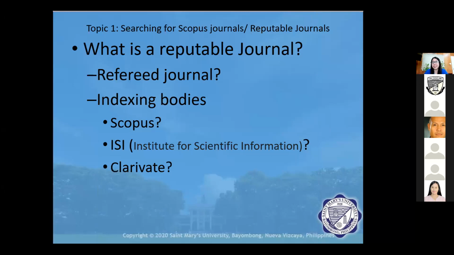Then, of course, we end up with a hanging statement: until now, we do not yet know how we will know whether a journal is predatory or not.